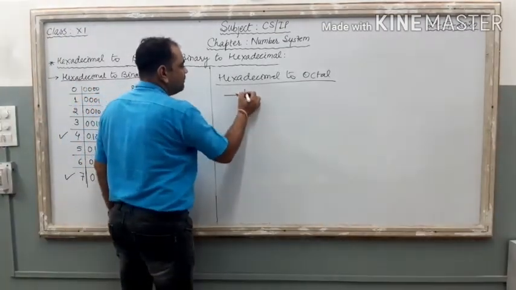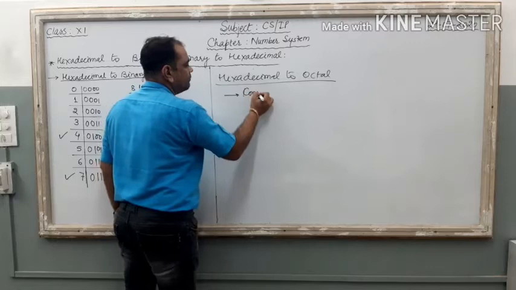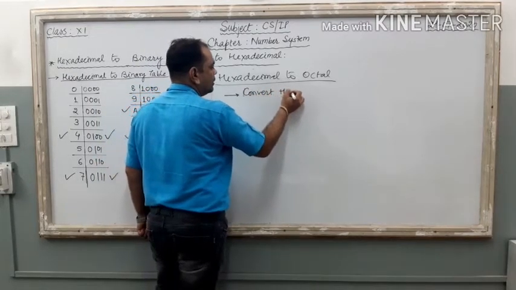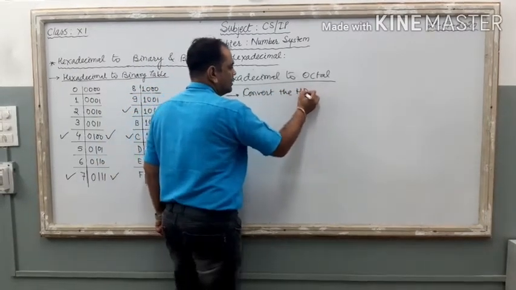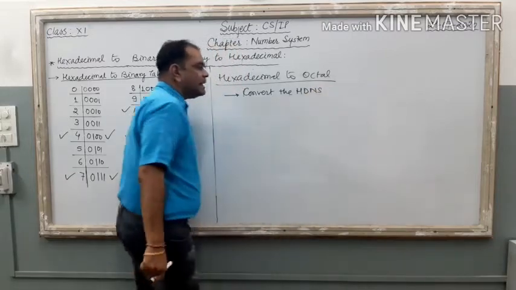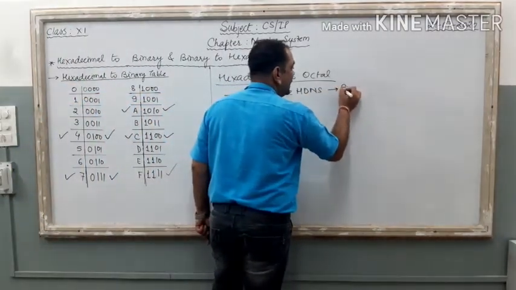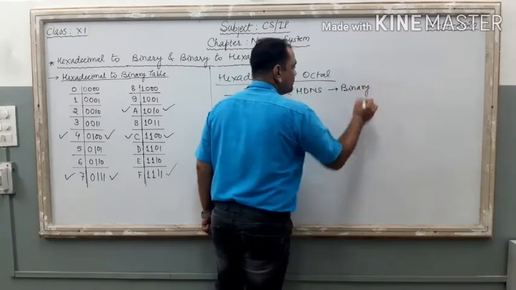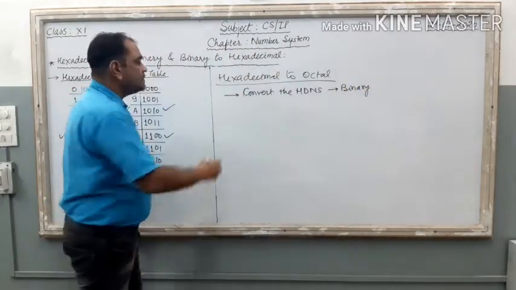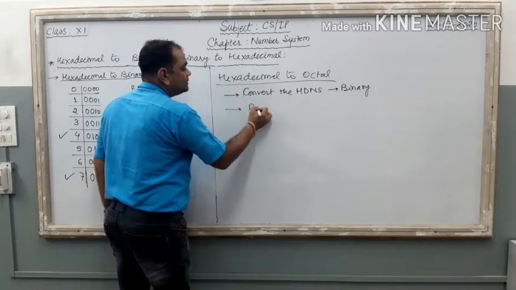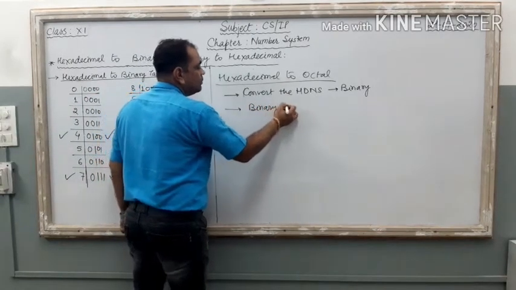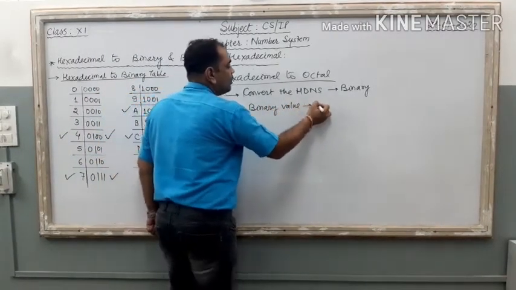Very first, we convert the hexadecimal number system's value into its binary equivalent. Right? Now the second process, convert the resulting binary value into octal.